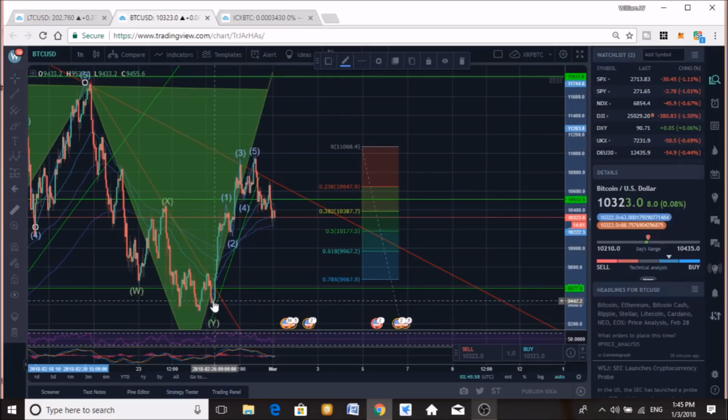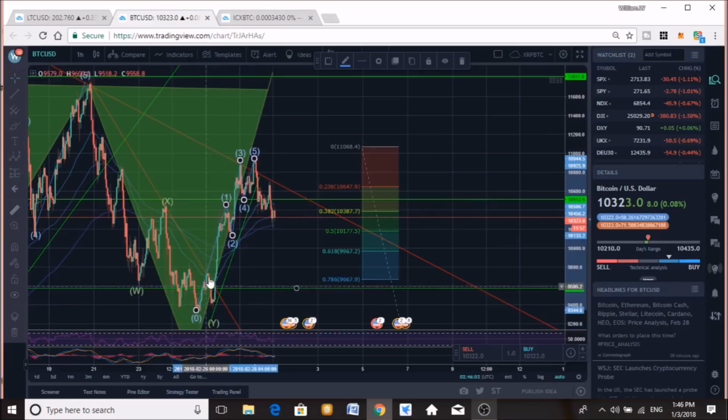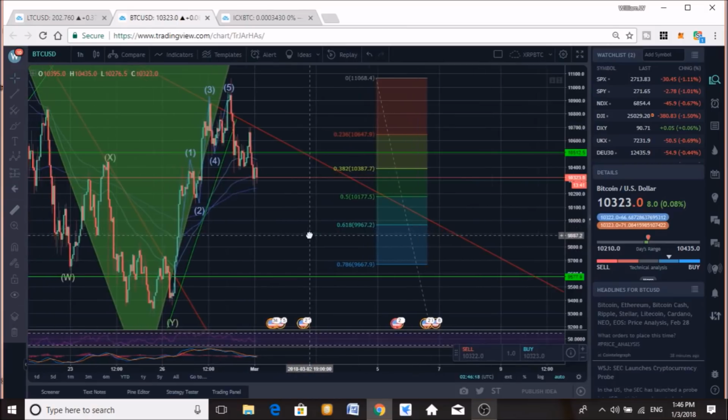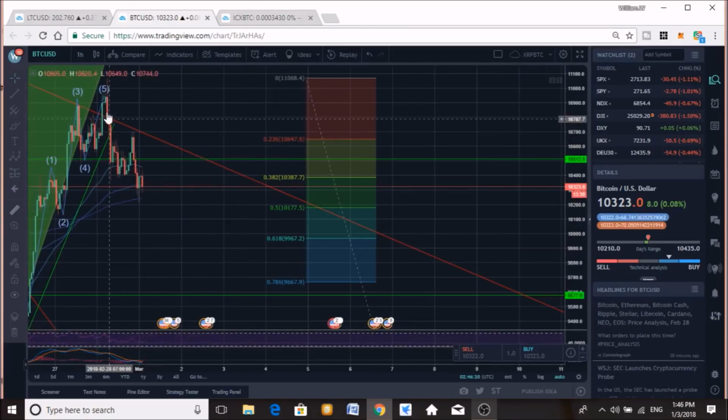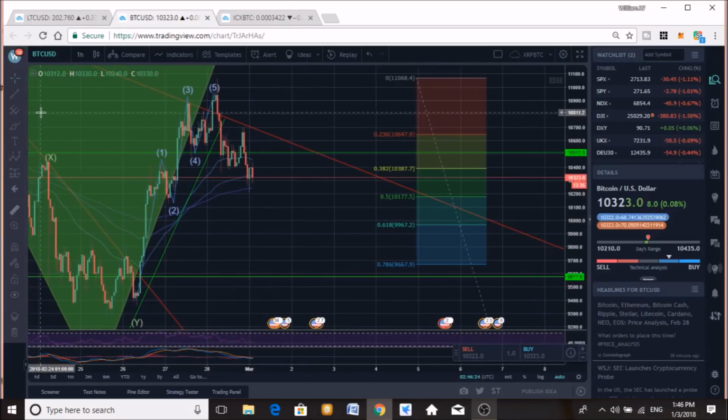This is how I draw my 1, 2, 3, 4, 5. You can argue that 1 may start here and 2 might come back down here, but it's pretty much on the same level. To me, long term, it doesn't really matter as the 5th wave is already completed. And what we see here is an ABC correction. So where's our ABC?